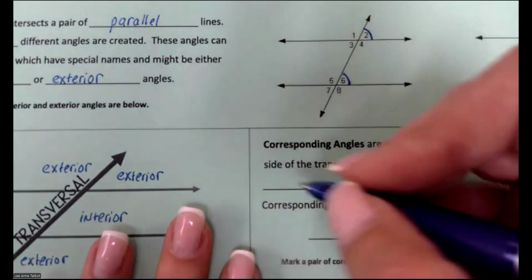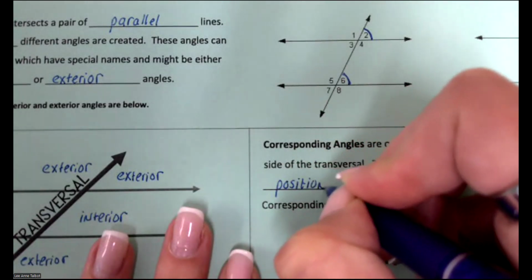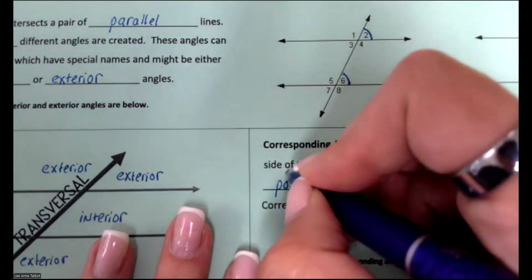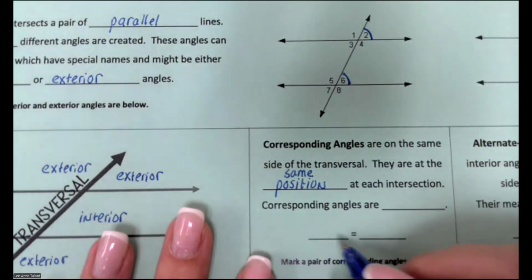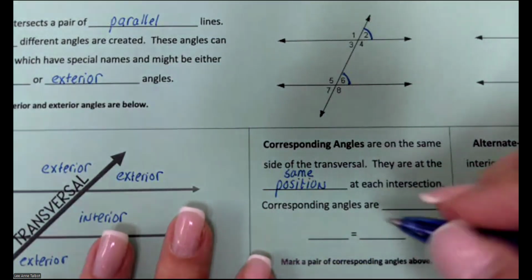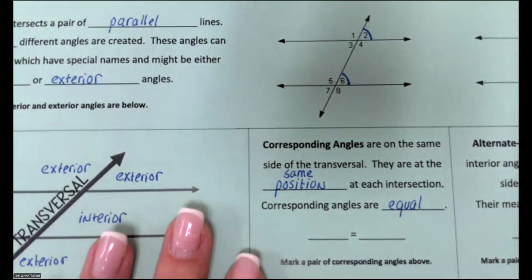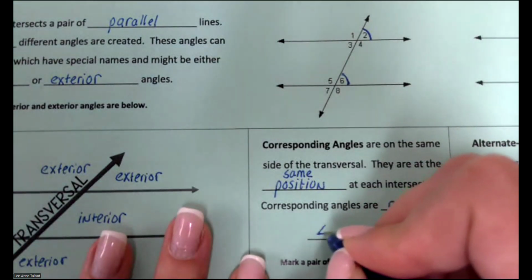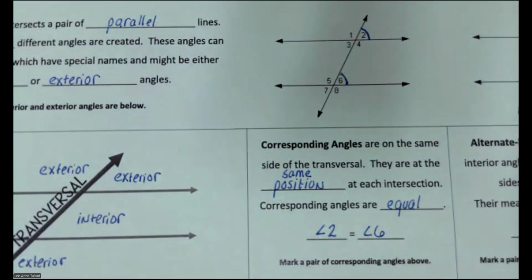They are at the same position at each intersection. Corresponding angles are equal. And in here, I want you to write angle 2 equals angle 6.